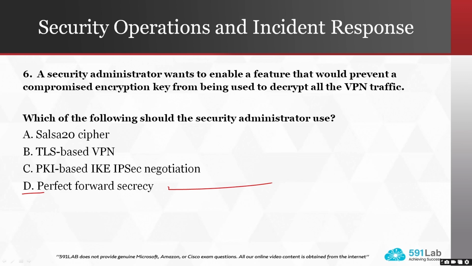Perfect forward secrecy is a cryptographic feature that ensures that even if a key used to establish a session is compromised, it cannot be used to decrypt past or future VPN traffic.